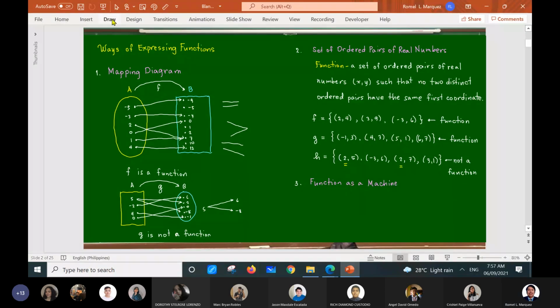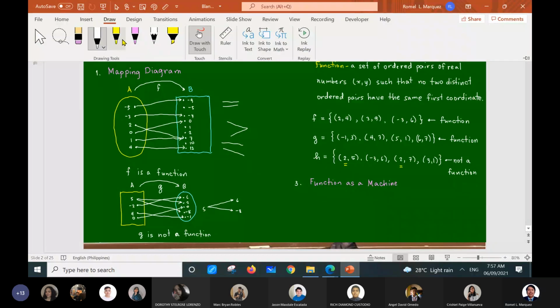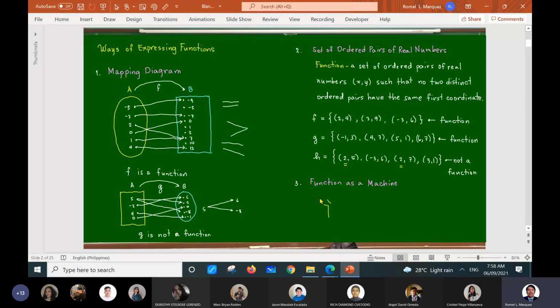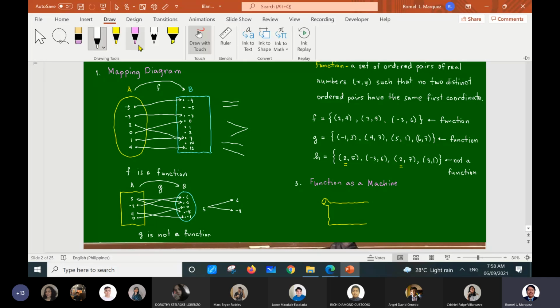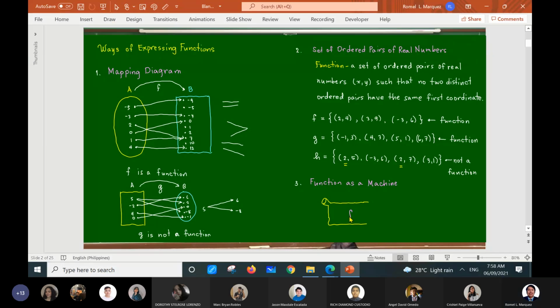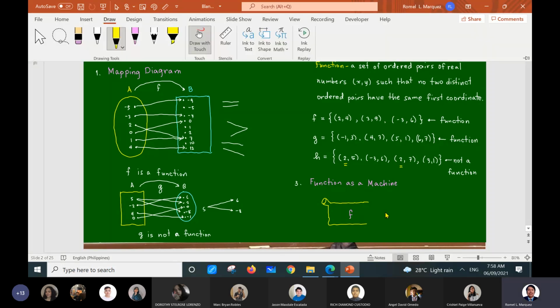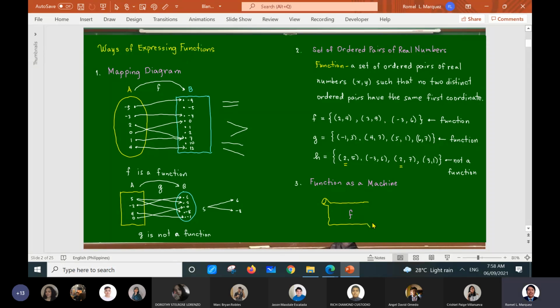So as a machine, my machine has an inlet or opening here, an opening to accept materials, or input, and we will be calling this machine machine F. Then there is another opening which is called the outlet.